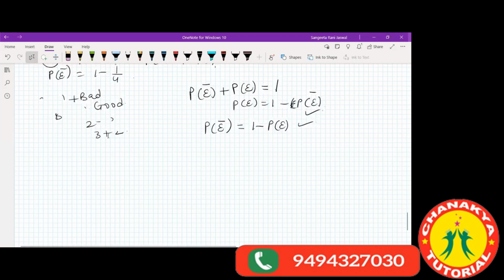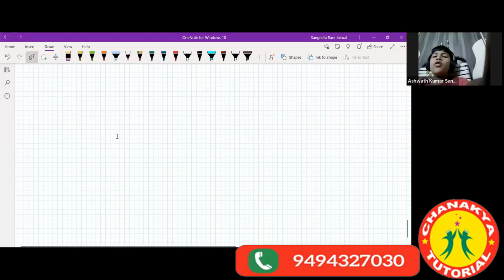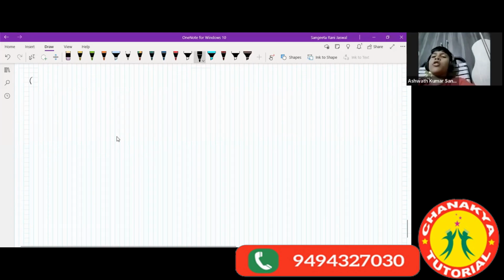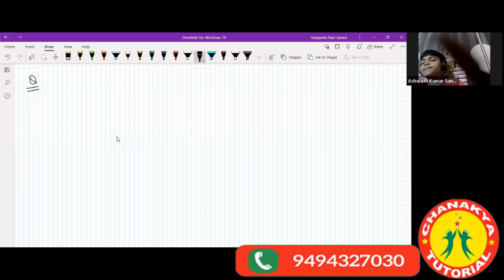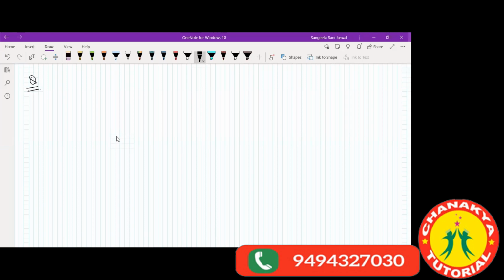Not this. Whatever you have studied in data handling is given to you, except this part we are doing now. So just remember that probability of an event plus probability of not an event is equal to 1.